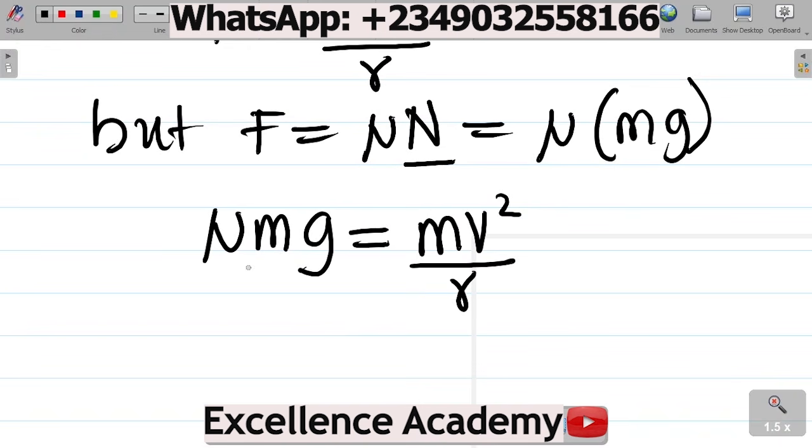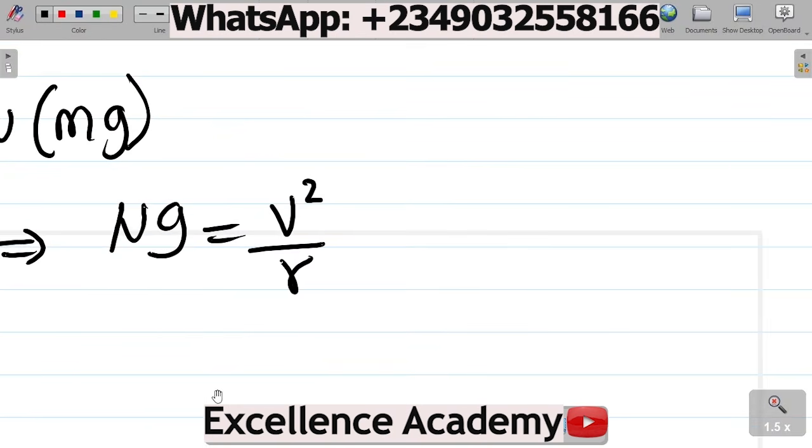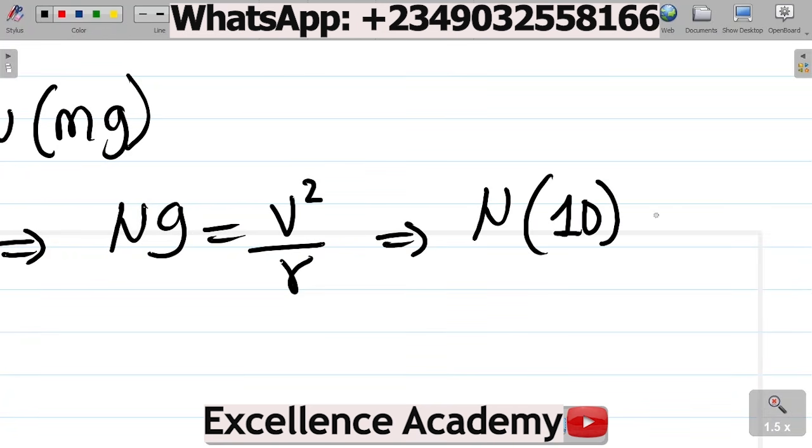Since we have m on both sides of the equation, this and this will cancel out. So you have that mu g is equal to v squared all over r. Let's put in values. Mu times g, which is 10 meter per second squared, is equal to v squared.